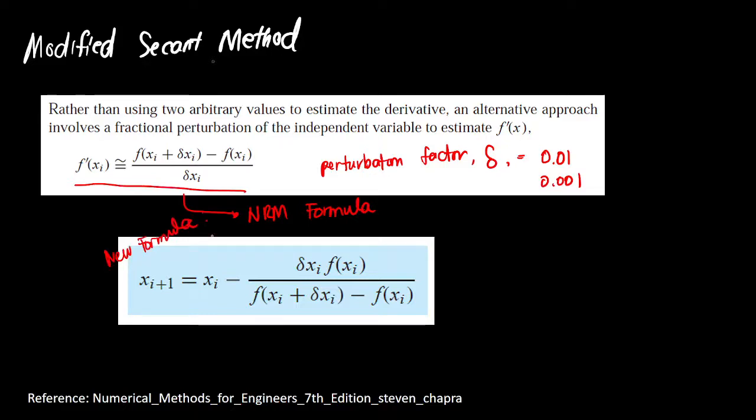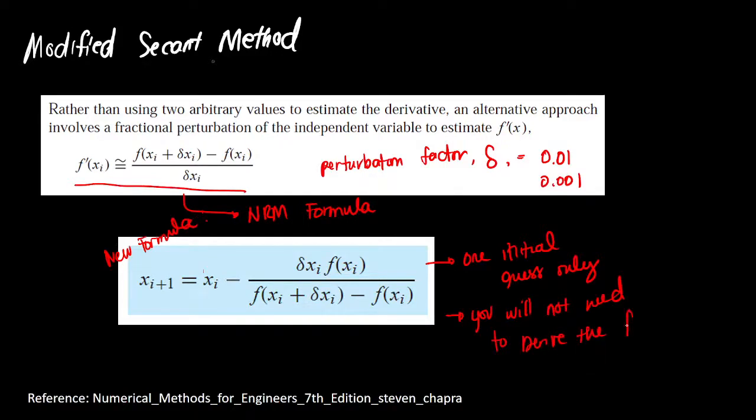In which it kind of resolves the problem, because the formula for the modified secant method requires only one initial guess, and you will not need to derive the function or the governing function.